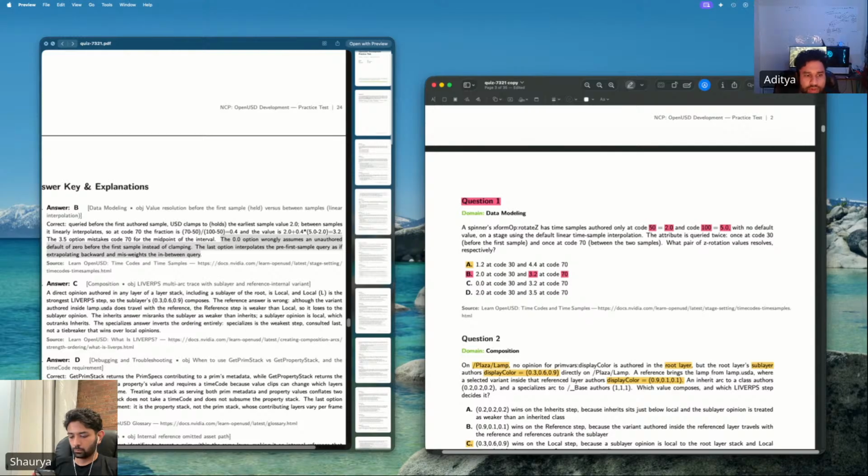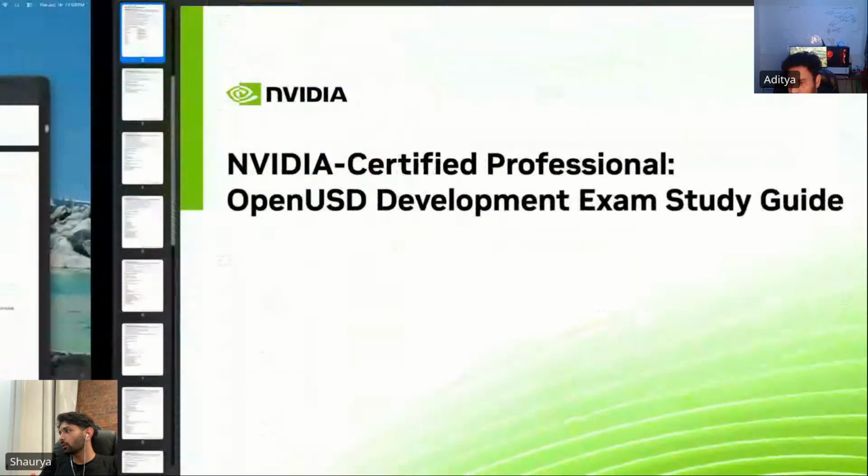So 100 is 5. We are doing 70 minus 50 divided by 100 minus 50. So that will give us 2 plus 0.4. Okay, so we are doing linear interpolation only on the second value.